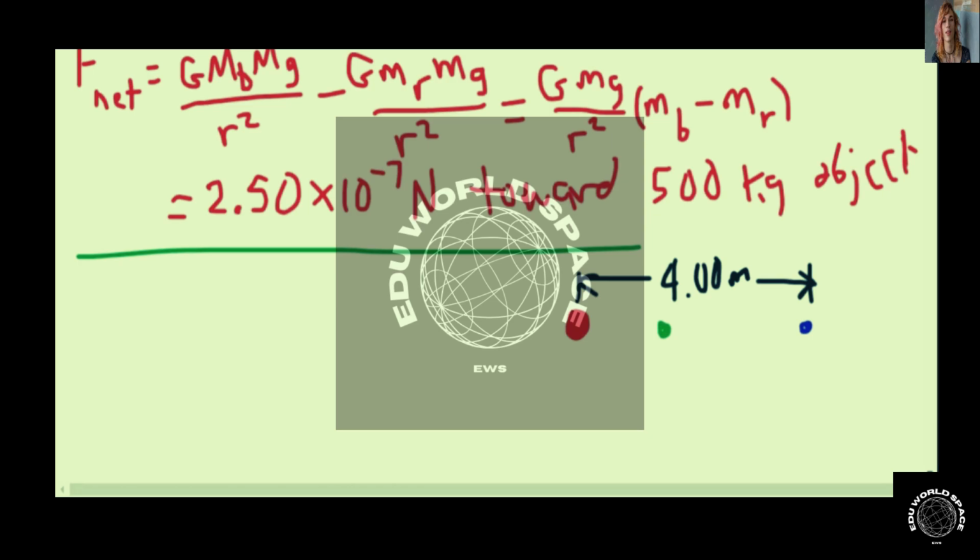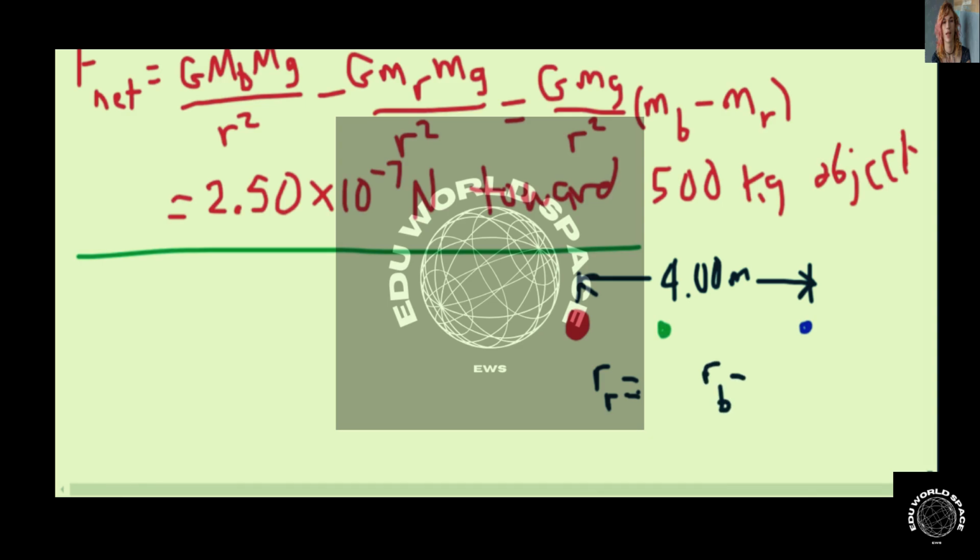So our red is going to be one number, and I'll just set an R R. So this is the radius to the red one.